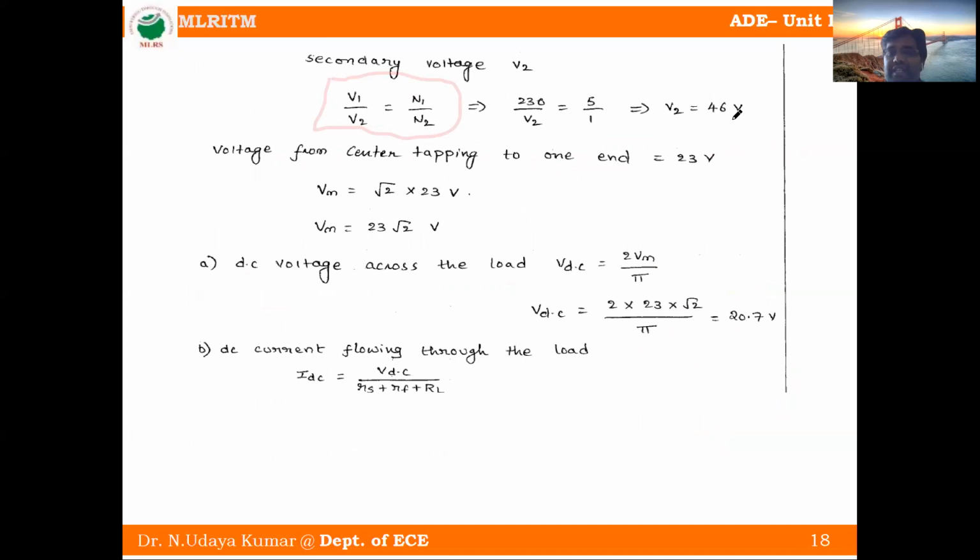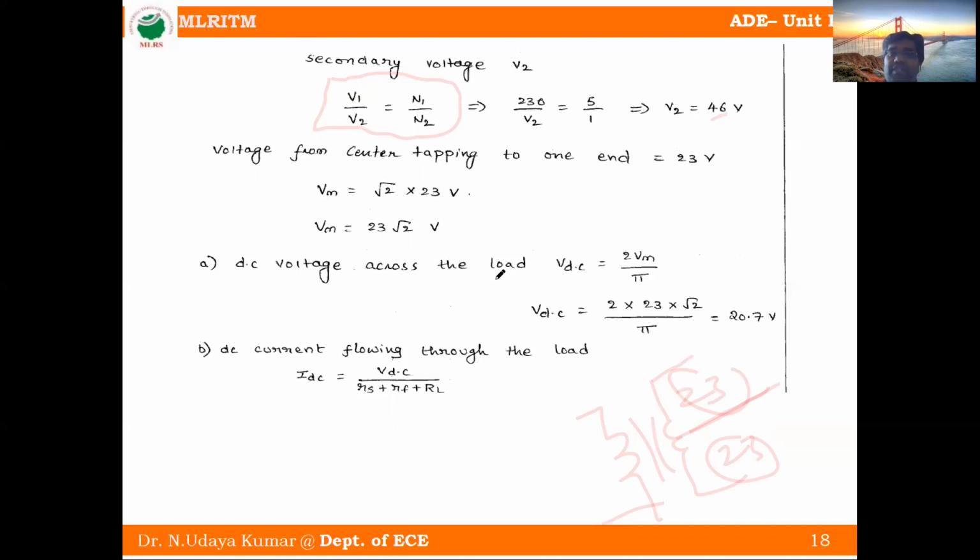It is a center tap transformer, so 46 volts is divided by 2: here 23 volts and here 23 volts. So what is Vm? Vm is equal to root 2 into 23 volts at the secondary end.